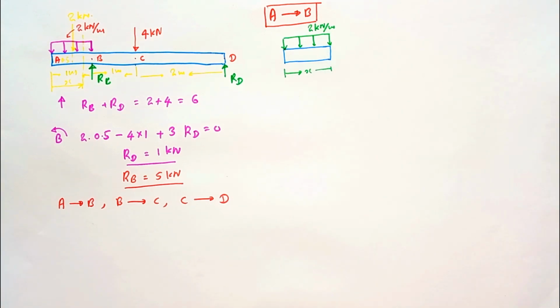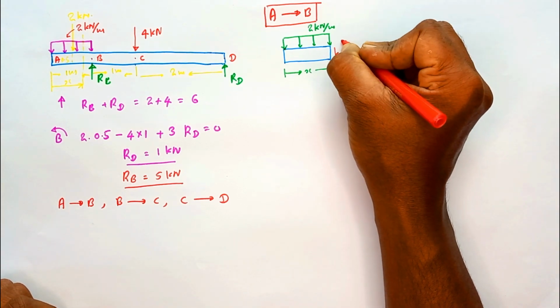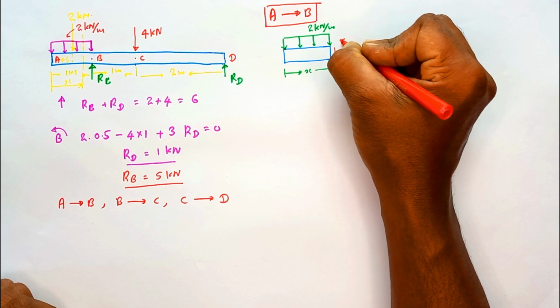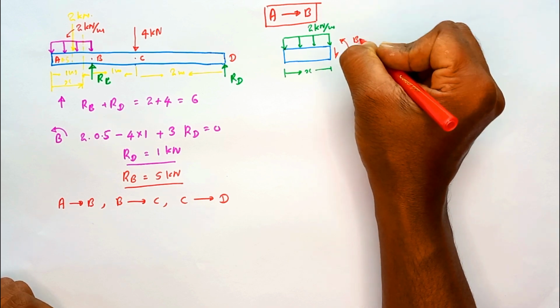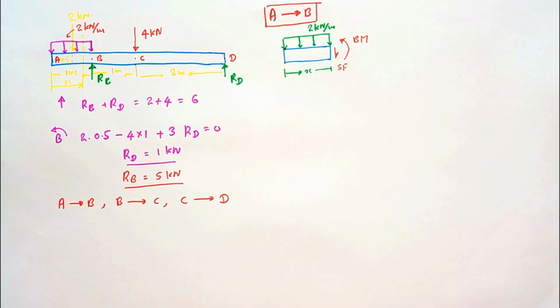Then we have to mark the shear force. This is how we are marking the shear force and the bending moment in a positive way. Okay, these are all the forces and the moment applied on this separated beam part.